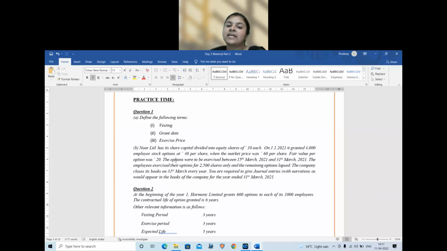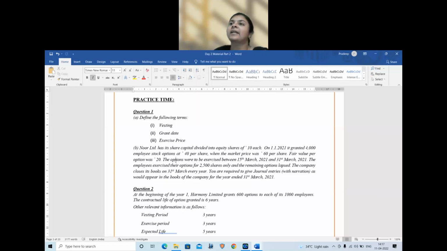The employees exercised their options for 2,500 shares only and the remaining options lapsed. So out of total 4,000 options, only 2,500 were exercised and the remaining lapsed. Company closes its accounts on 31st March every year. You're required to give the journal entries as on 31st March.